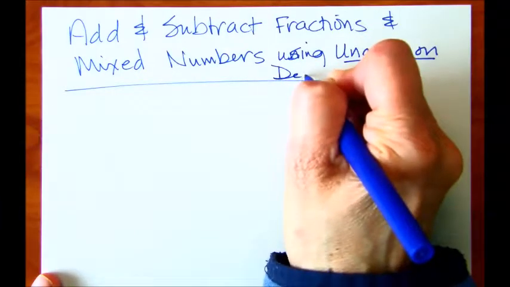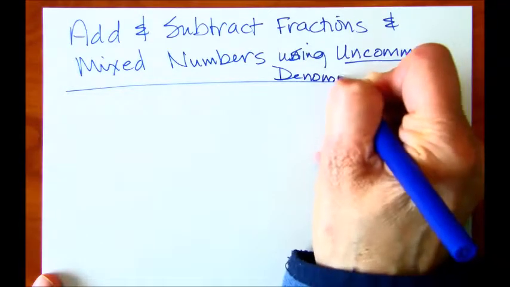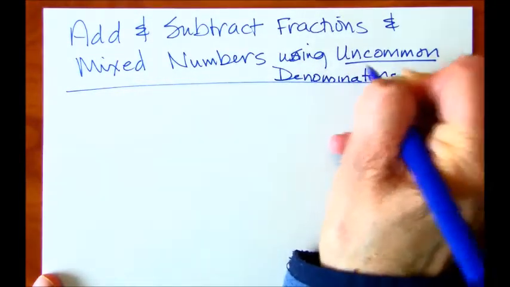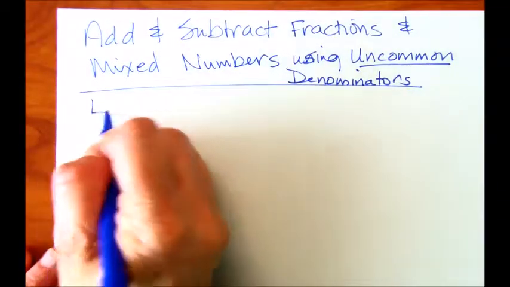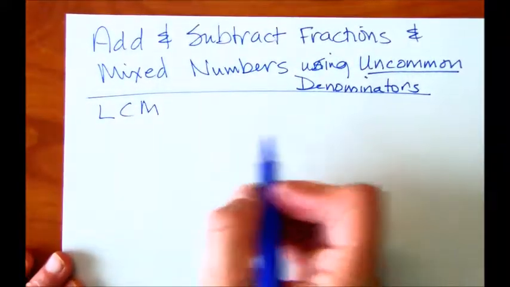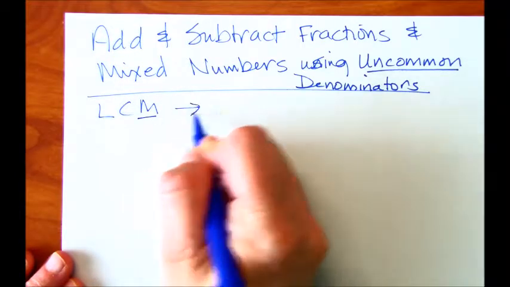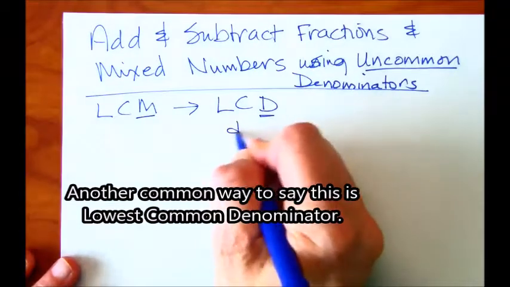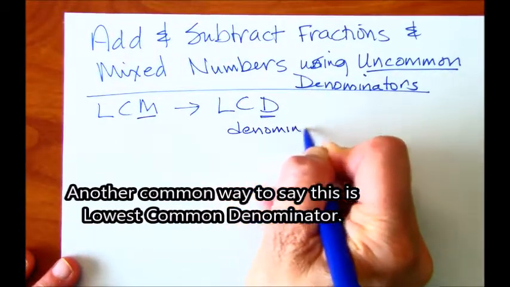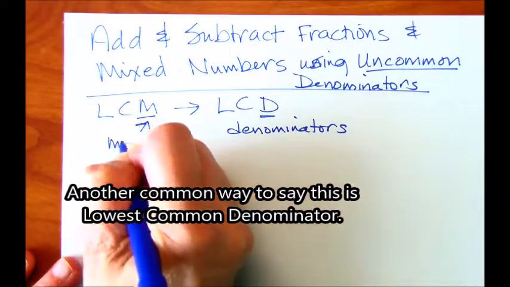And we're going to use least common multiples to figure out our common denominators. And sometimes, when we're using the least common multiple, oftentimes people will change that last letter to least common denominators. So the D is for denominators. This one here is for multiples.